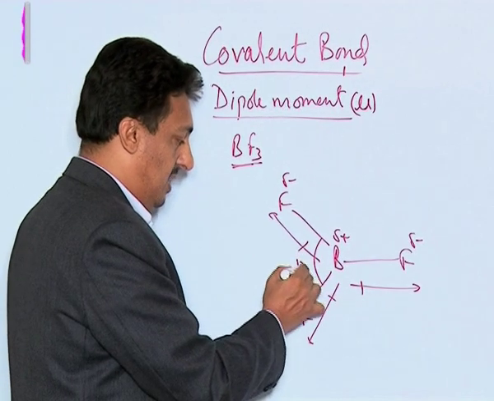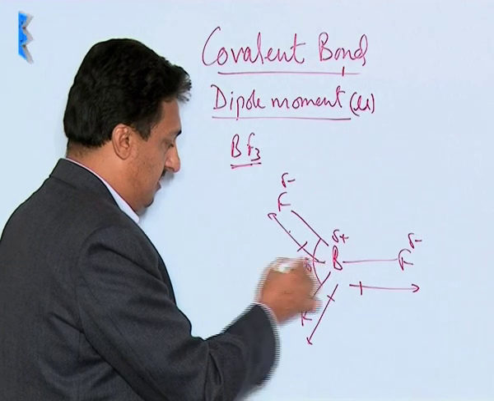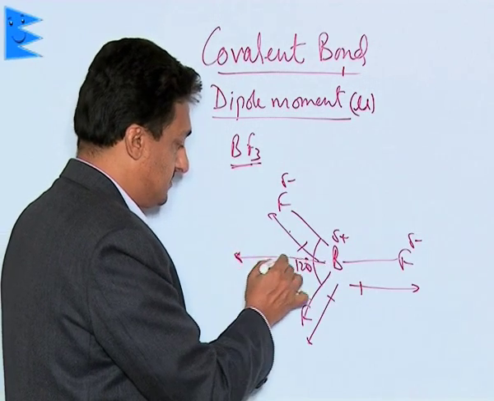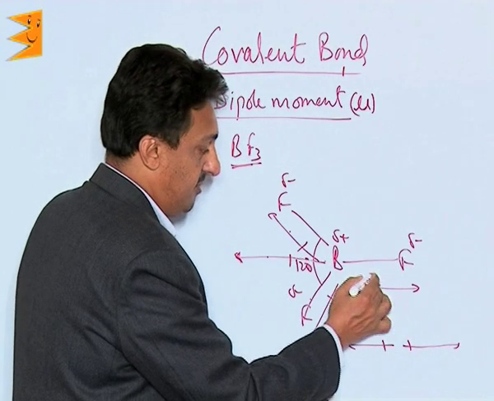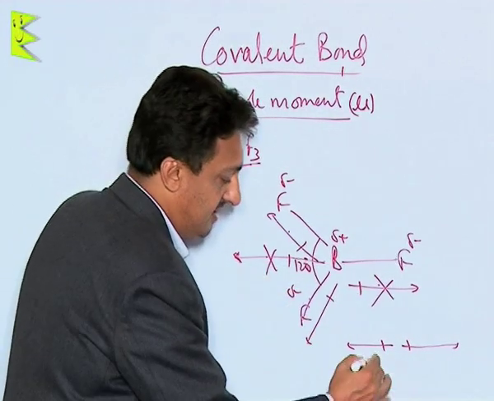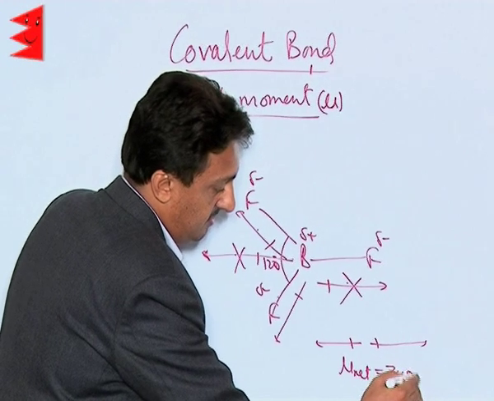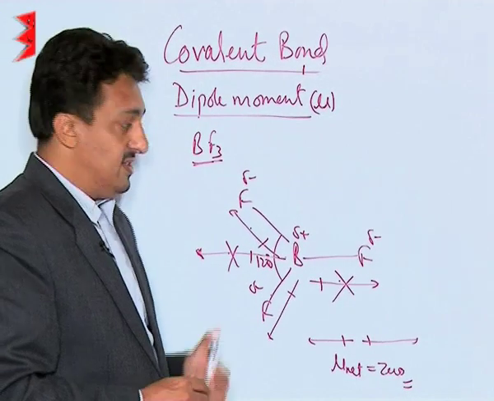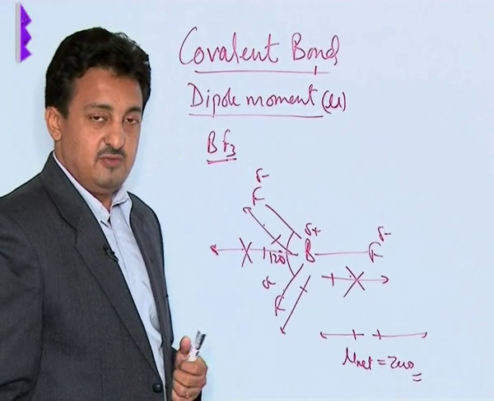Since the angle is 120 degrees, the resultant of two of these dipole moments will be on this side. But this one will be opposite to that resultant, so they get cancelled. So the net dipole moment even in this case is 0. This is how we find the net dipole moment of different molecular species.